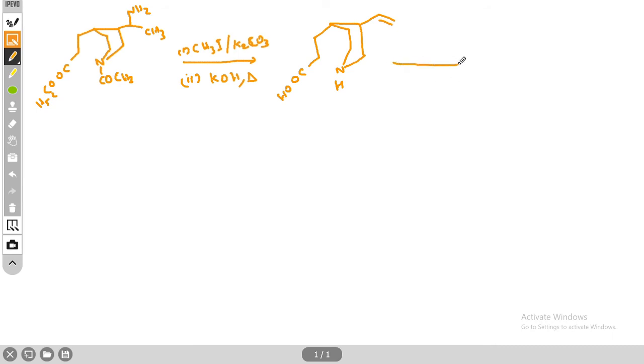Okay, then it is treated with ethanol, ETOH, and benzoyl chloride, COCl. This hydrogen is again protected with this group, COPh.